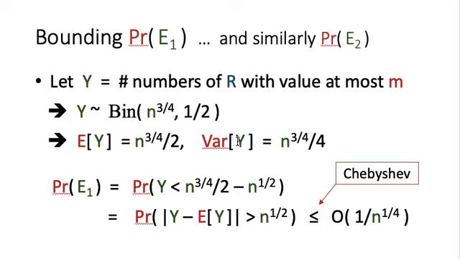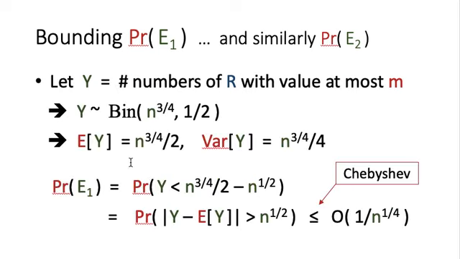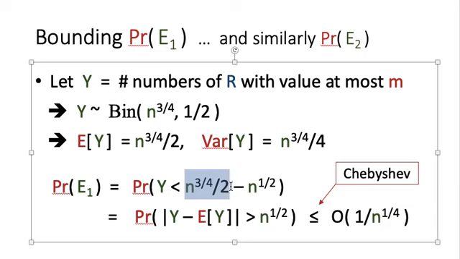Now when E1 occurs, the actual y is much smaller than we expect. The actual y is smaller than half of the draws, minus this portion which is guaranteed to be not smaller than or equal to m when D is so large. So when E1 happens, y has to be smaller than half of the numbers minus n to the power 1/2, that is, minus square root n.